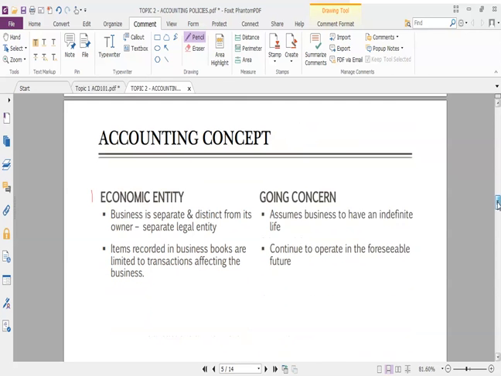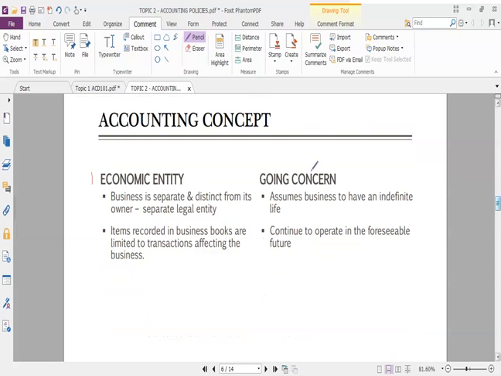Let's continue. What is economic entity? Economic entity means that the business is separate and distinct from its owner. Another term for it is separate legal entity. Items recorded in the accounting are limited to transactions affecting the business only.